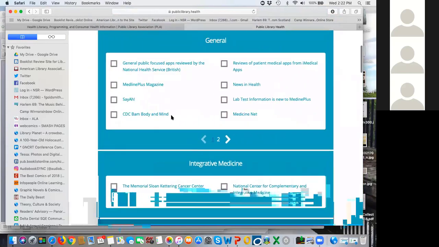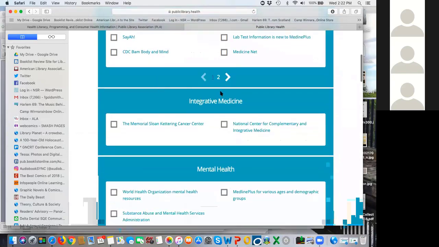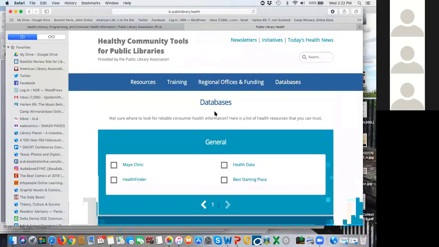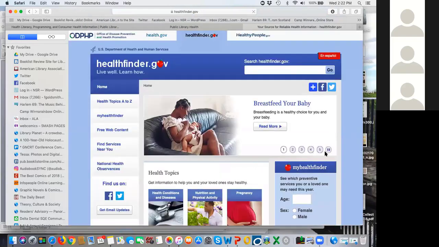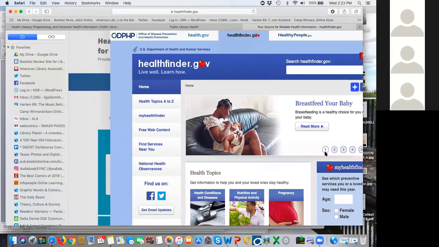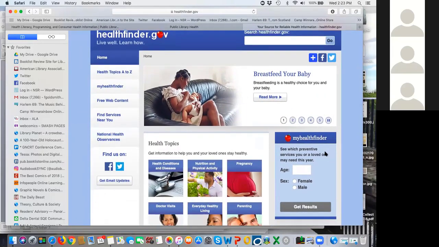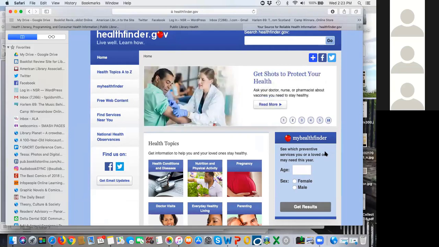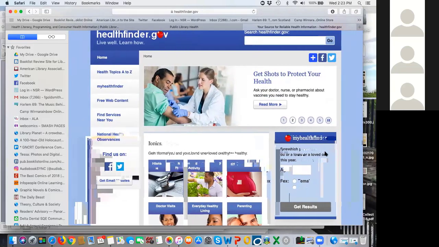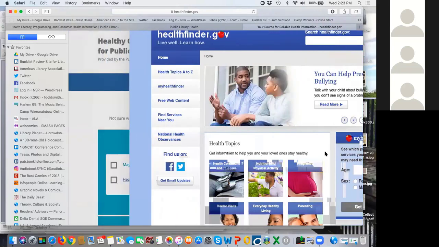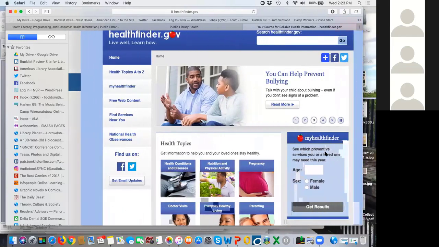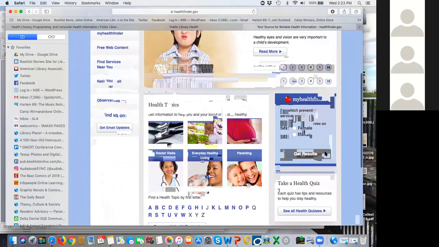Let's see, I would like to take you into one of them in particular, and that is HealthFinder. HealthFinder.gov is a very basic, I think of it as a health encyclopedia aimed at an adult audience, but certainly accessible by middle to older teens, that covers a huge range of topics and does it in a way that is laid out relatively simply.